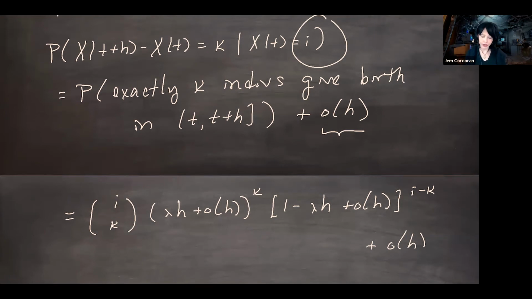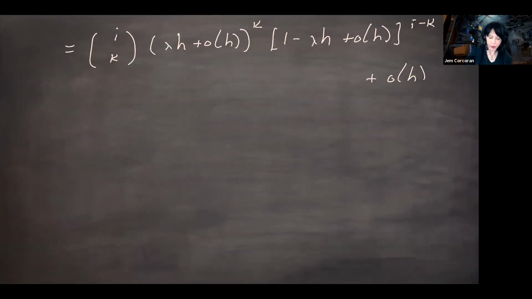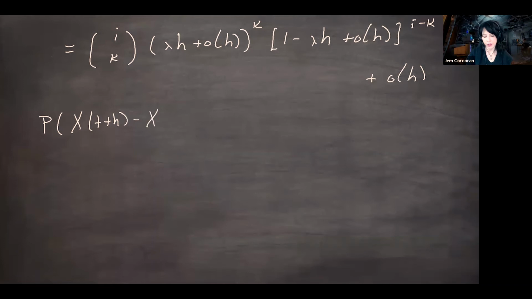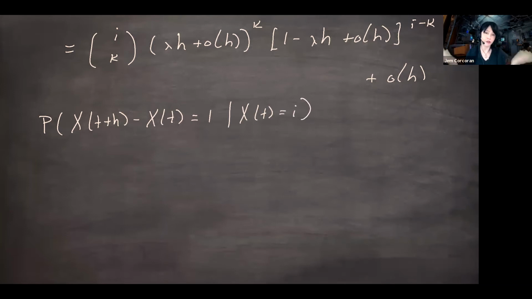I want to find the birth rate. So let's look at it when k is 1 in particular. Population size at time t plus h minus the population size at time t. This is the amount the population increased in this tiny interval of length h, given the current population is I. It's just the formula I just wrote down, but specifically k is 1.